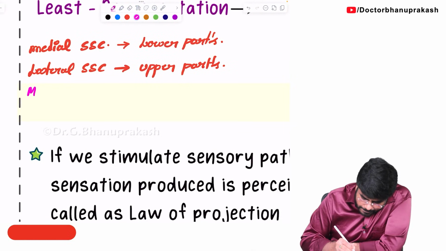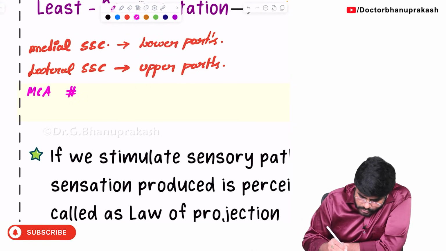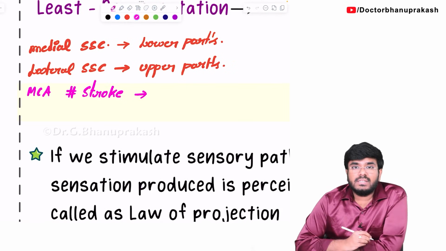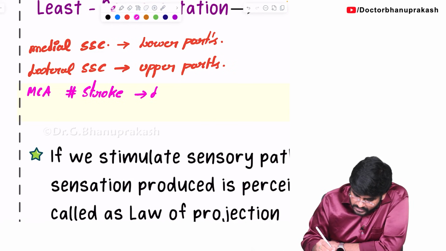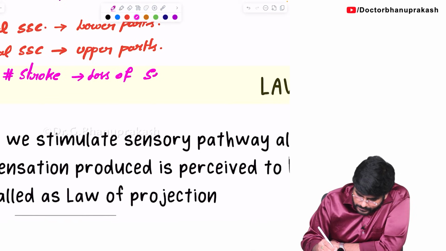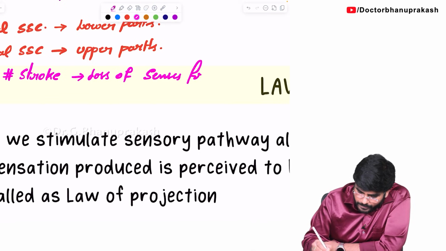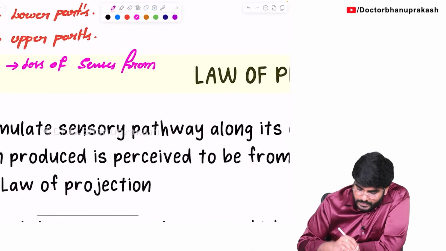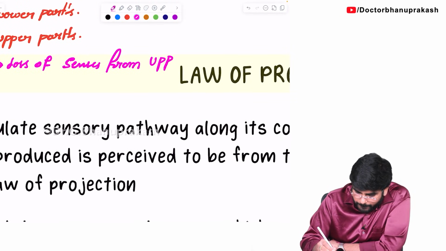Middle cerebral artery, stroke. What will happen? If the middle cerebral artery is blocked, the patient will lose sensations from the upper parts of the body. Okay.